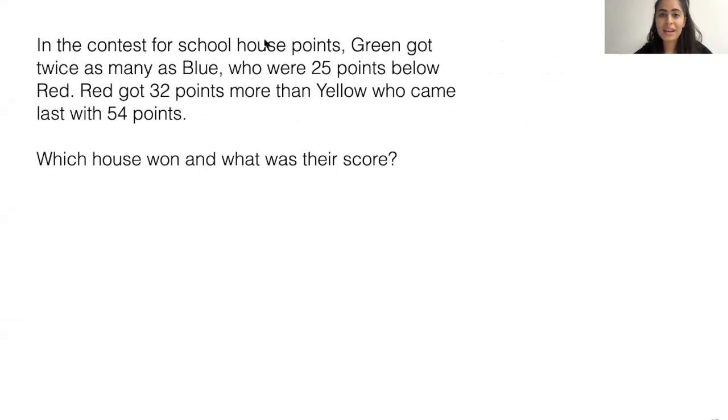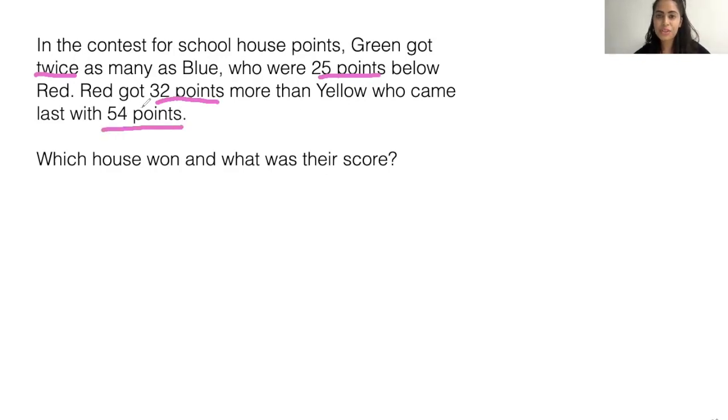So let's underline some key information for this one. So we know green got twice as many as blue, who were 25 points below red. Red got 32 points more than yellow, who came last with 54 points.